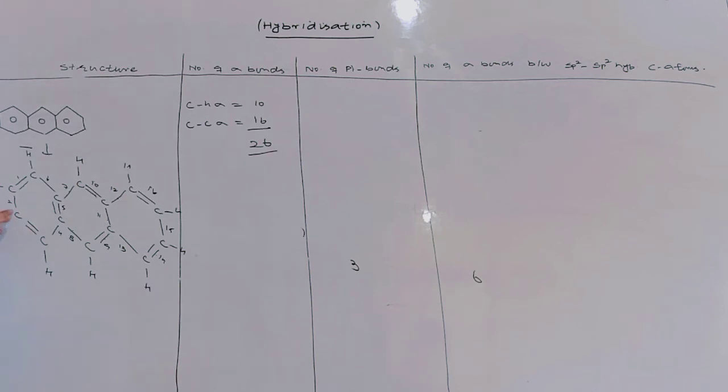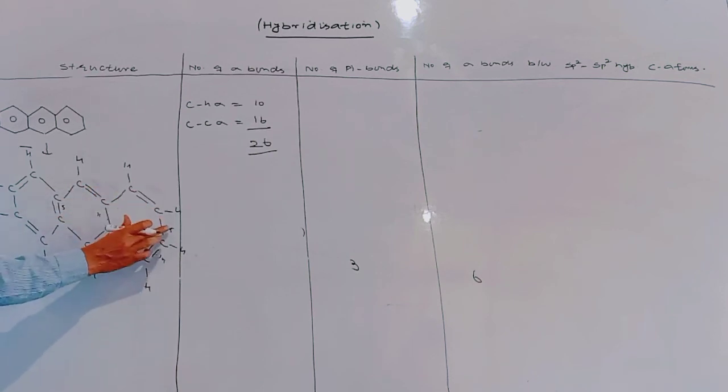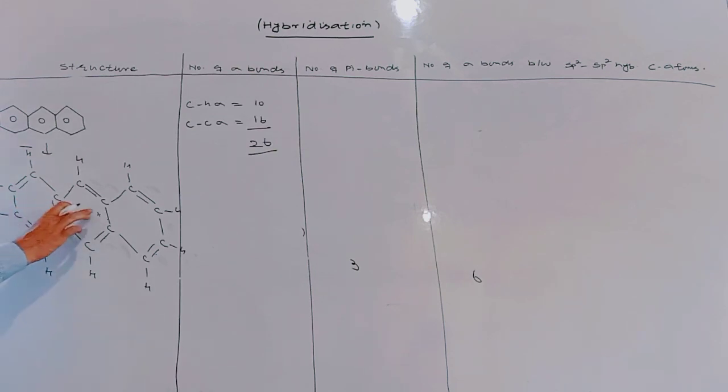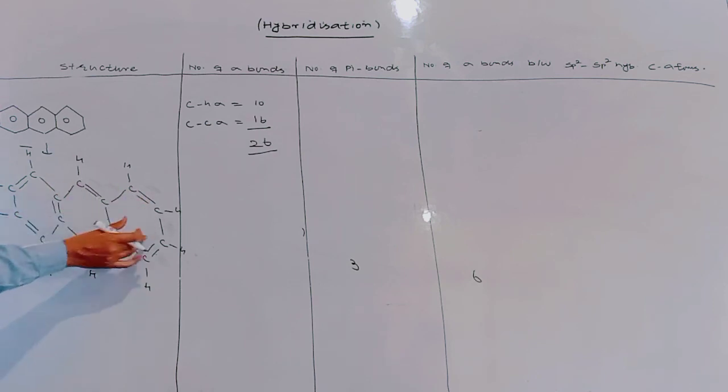Now, how many pi bonds are present? Mention the number of pi bonds. 7. 3 plus 2 plus 2. Right? The first ring contains 3 pi bonds, the rest contain 2.